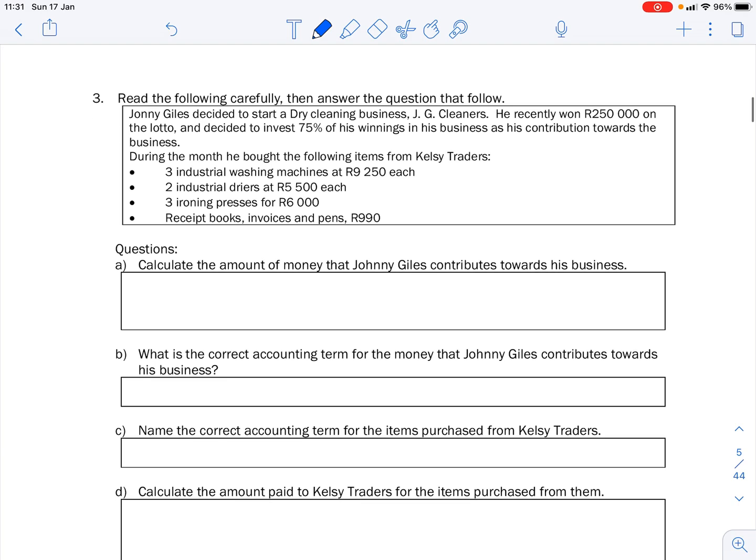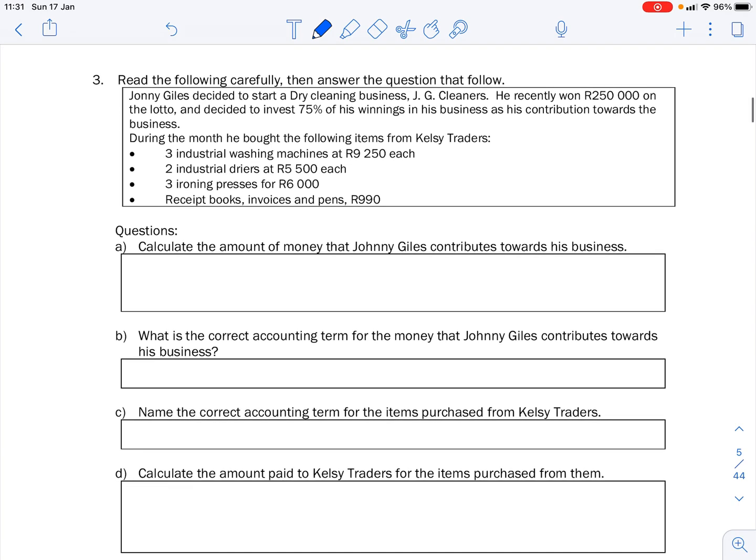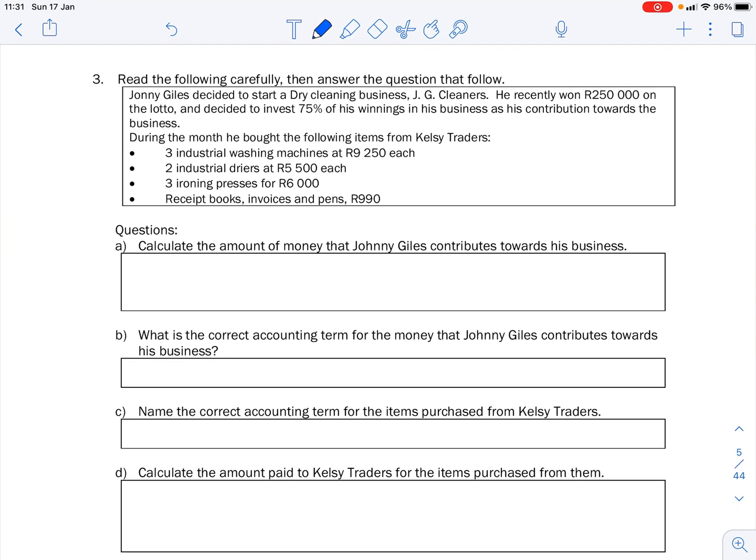If we look at question 3, it says read the following carefully and then answer the question that follows. Johnny Giles decided to start a dry cleaning business, JG Cleaners. He recently won 250,000 Rand on the lotto and decided to invest 75% of his winnings in his business as his contribution to the business.